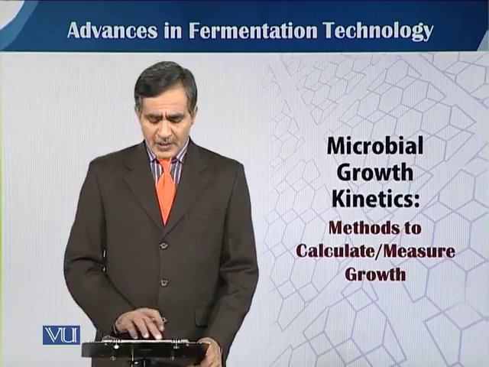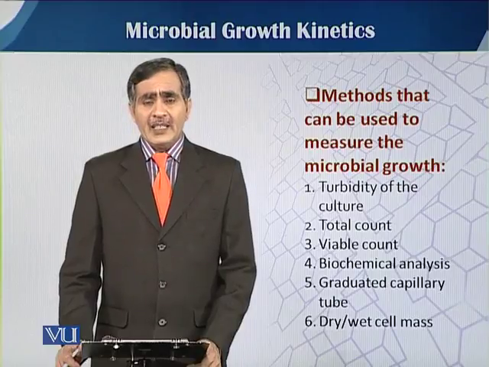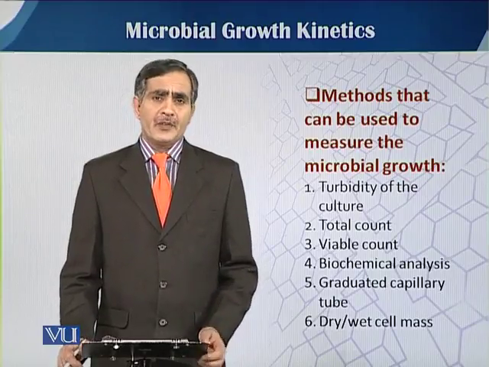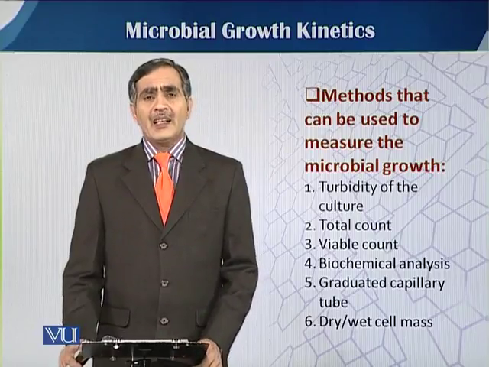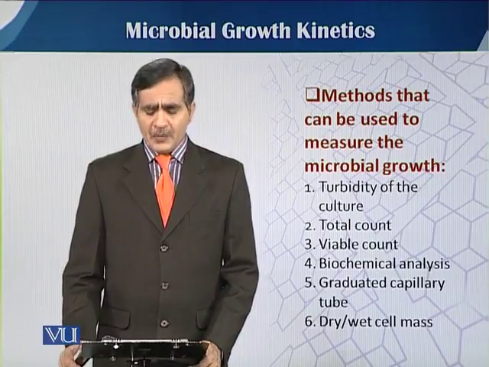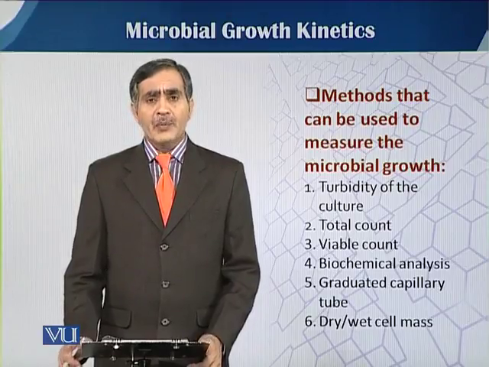So, in this module, we can see that there are different approaches to estimate the growth. Here you can see there are 6 different approaches by which we can estimate the microbial growth.